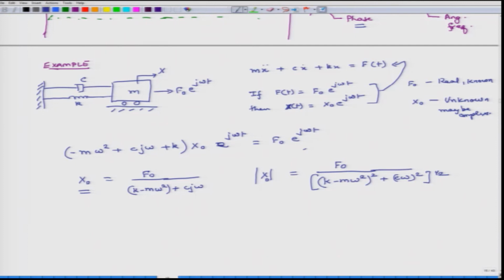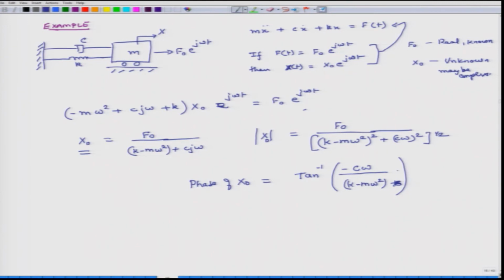And x naught, because it is complex, also has a phase. The phase of x naught is equal to tan inverse of c omega over k minus m omega square, with a minus sign. So, in this case x naught is the complex amplitude of the complex time signal, its amplitude is this thing, its phase is this.